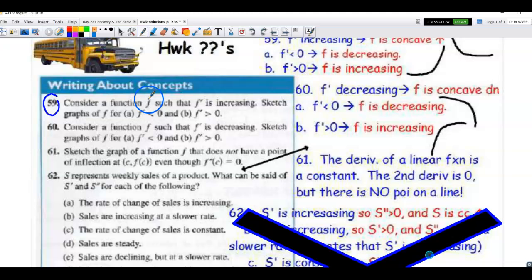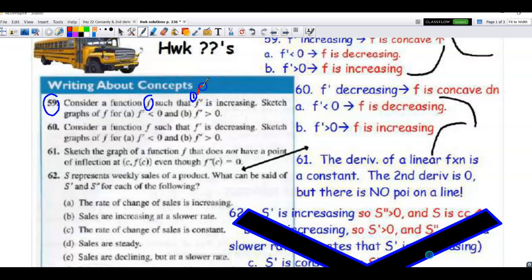Consider a function f. So we are thinking about an original function, and here come the criteria. Criteria number 1 is the first derivative is increasing. Not the first derivative is positive, but the first derivative is increasing. So your job is to think, okay, what does that tell me?